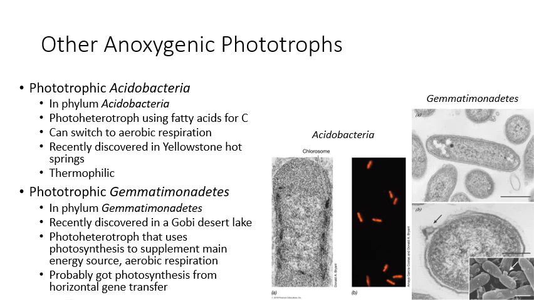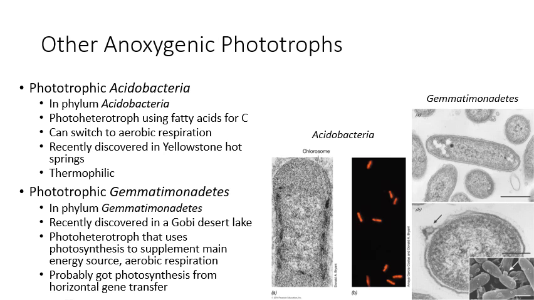Then you also have another species in phylum Gemmatimonadetes that was recently discovered that's a phototroph. It was discovered in a lake in the Gobi Desert, which is a very large desert in Asia. It's also a photoheterotroph, and similar to the aerobic anoxygenic phototrophs, it's also using photosynthesis as a secondary energy source.